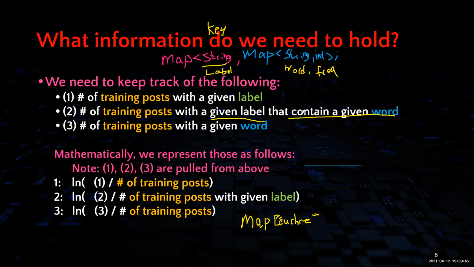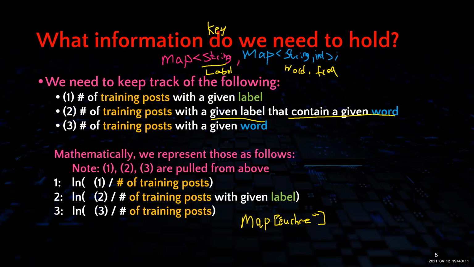Yep, exactly. So every word we've encountered in our euchre posts. We read in the post for euchre and we see, why is euchre so hard? We want to add those words to this data structure, because this tells us, for the label euchre, what are the words associated with that post? So let's say I want to figure out how many times the word card is associated with euchre. Right here, I'm accessing the euchre map.